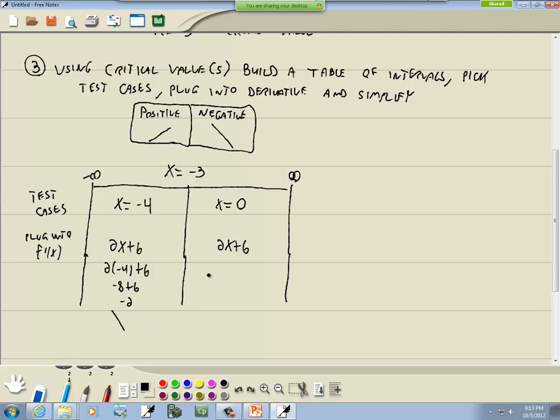Right there. Now here I plug 0 in for x. So I got 2 times 0 plus 6, which is 0 plus 6, which is 6. And I won't find this value on every one, because again, all we care about is what the sign is. Well, 6 is positive, so it's increasing.